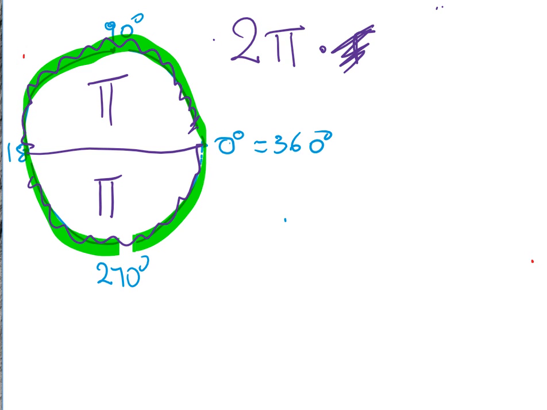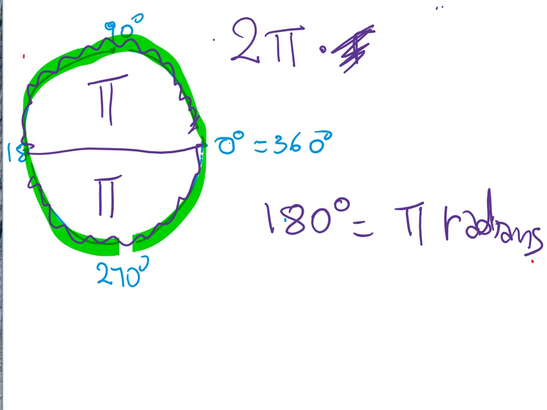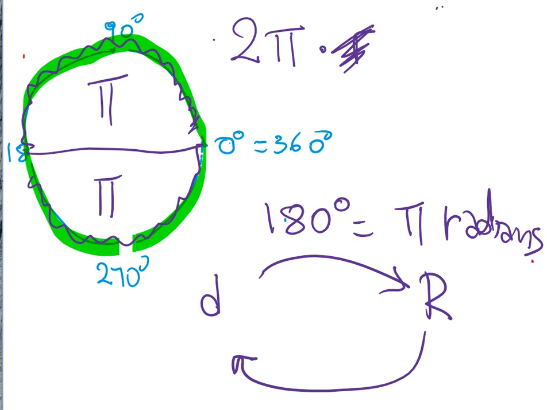So when we are going to discuss the radian, I want you to remember that 180 degrees equals pi radians. Sometimes we need to change from degrees to radians, and other times we need to go from radians to degrees for our calculations.